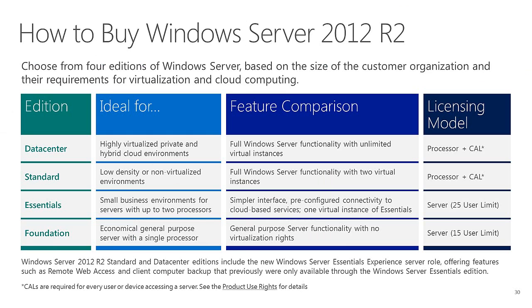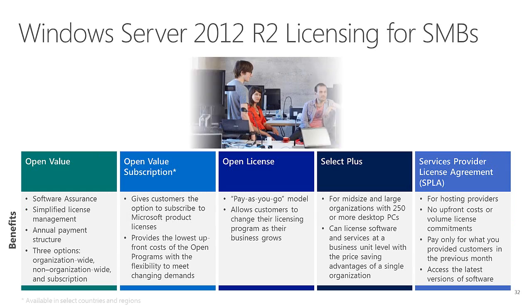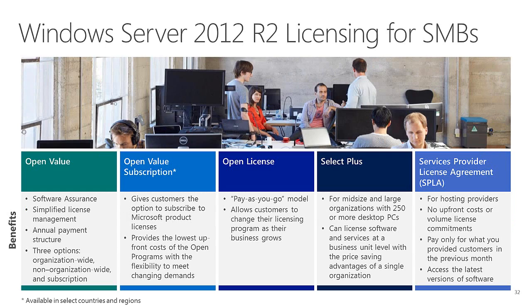And then also a summary of how to buy Windows Server 2012 R2 and the different editions, what they're best suited for, a quick comparison of their features and the licensing model, and some links for product and licensing resources. So again, I just wanted to include these so that you had those quickly available as a resource that you could take away from this training. And then finally, some of the different licensing programs that are especially focused on the small and mid-sized business segment. So again, I wanted to include those for your reference.